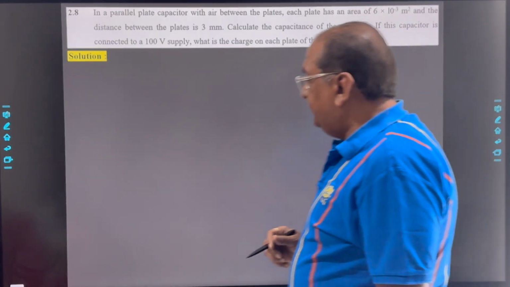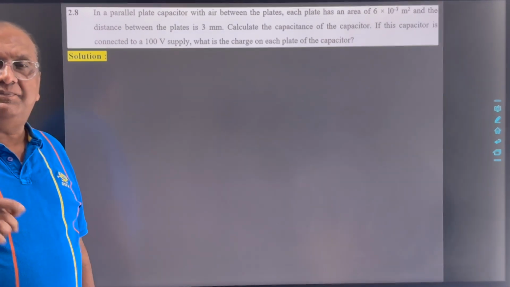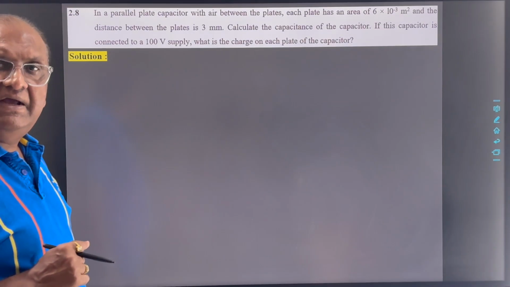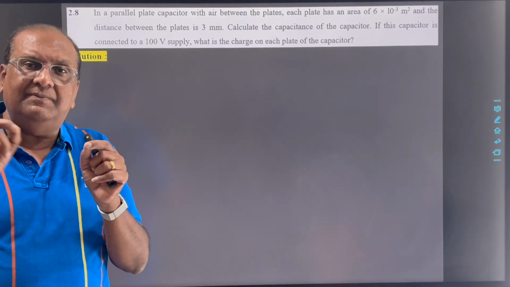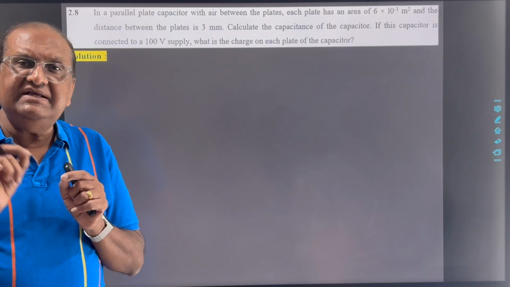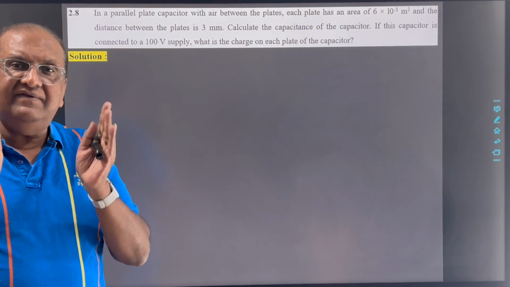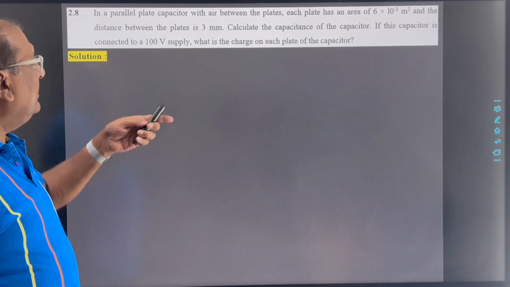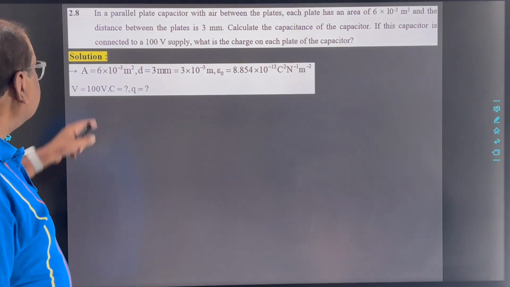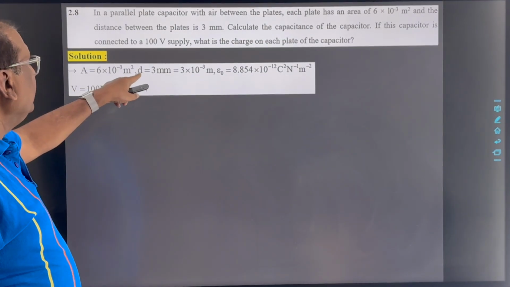Now, we already discussed the theory for a parallel plate capacitor, and we derived the equation for the capacitance of parallel plate capacitor. C0 is epsilon 0 A by D when there is air between two plates of the capacitor. Here area of the plates is given to you, 6 into 10 raised to minus 3 meter square.